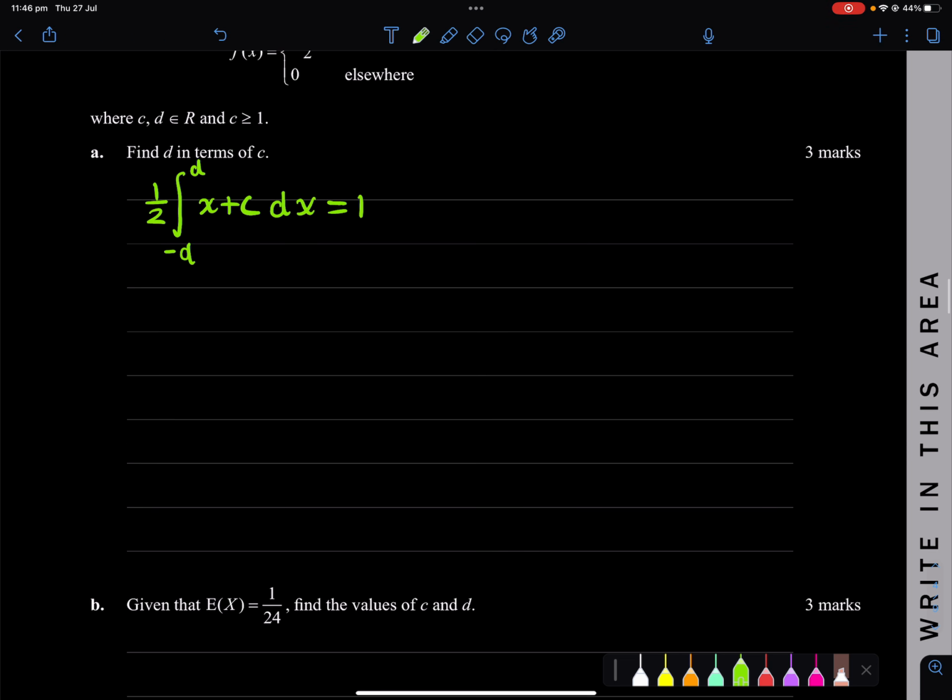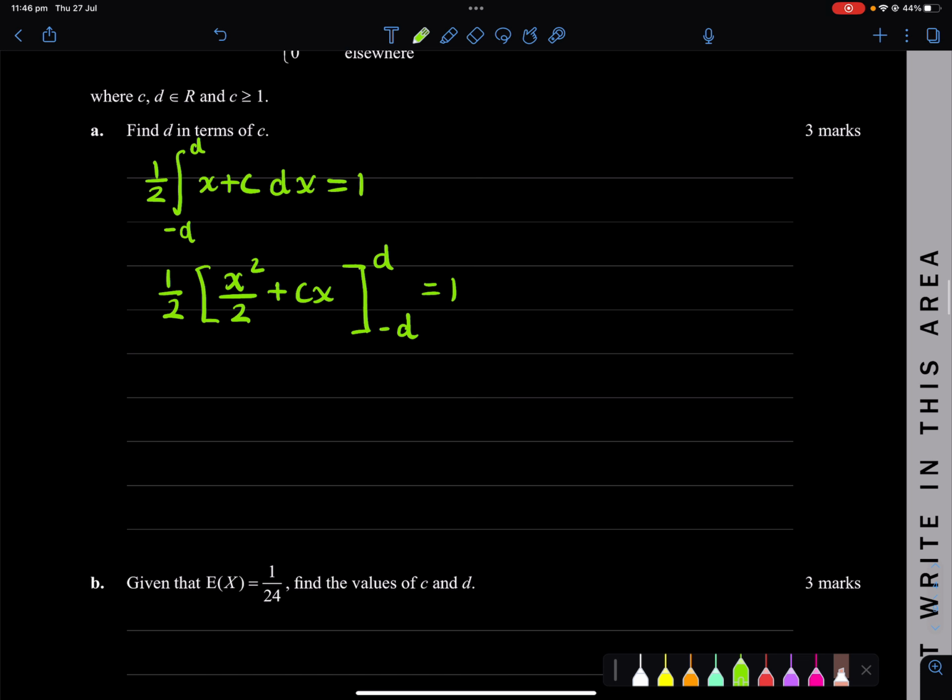So let's simplify that. It'll be half, round brackets, x squared over 2 plus cx, close brackets, with d here and negative d here, and that's all equal to 1.